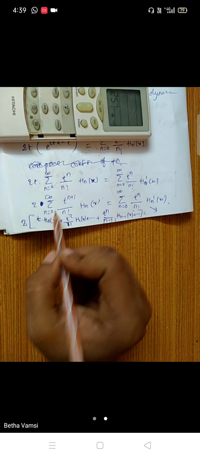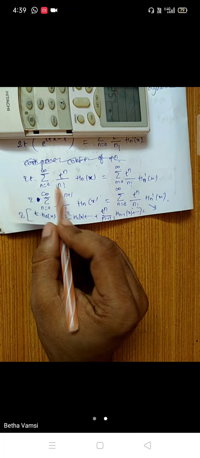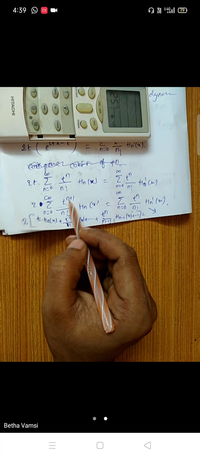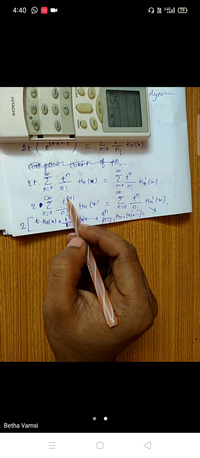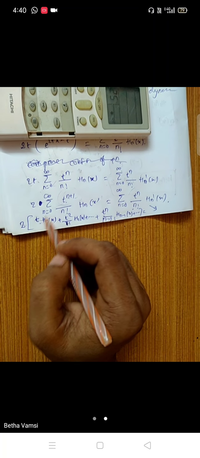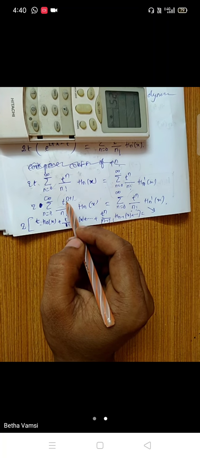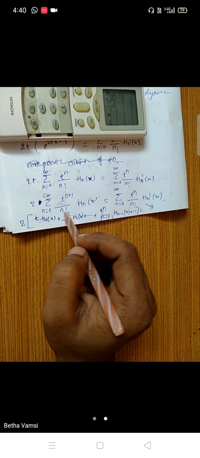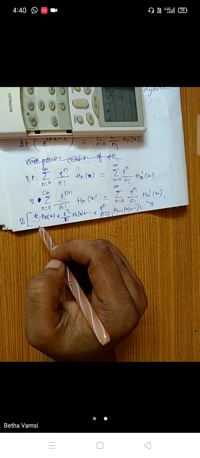So did you get what I said? So t into t power n is equal to t power n plus 1. Okay, then put n is equal to 0, then you get t power 1 into H naught of x by 0 factorial, which is equal to 1.